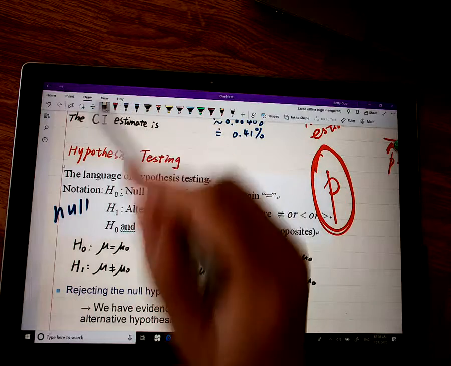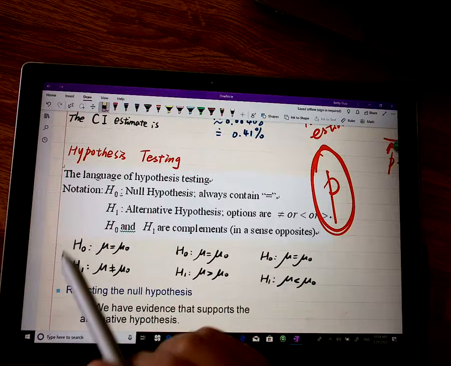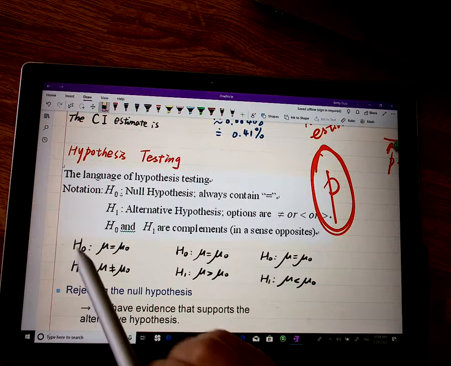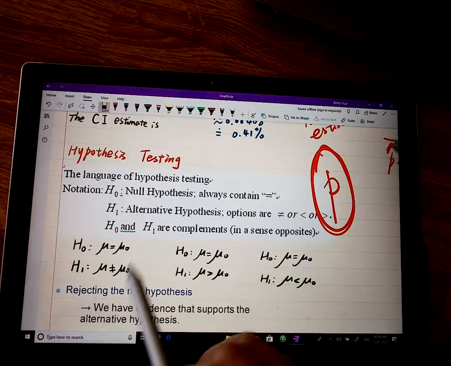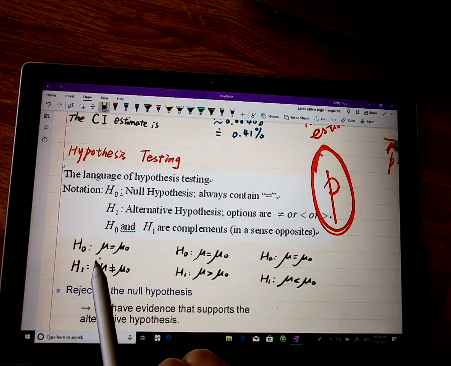And we use H sub 1 to represent the alternative hypothesis. They always appear as a pair, P-A-I-R. They always appear together, okay?